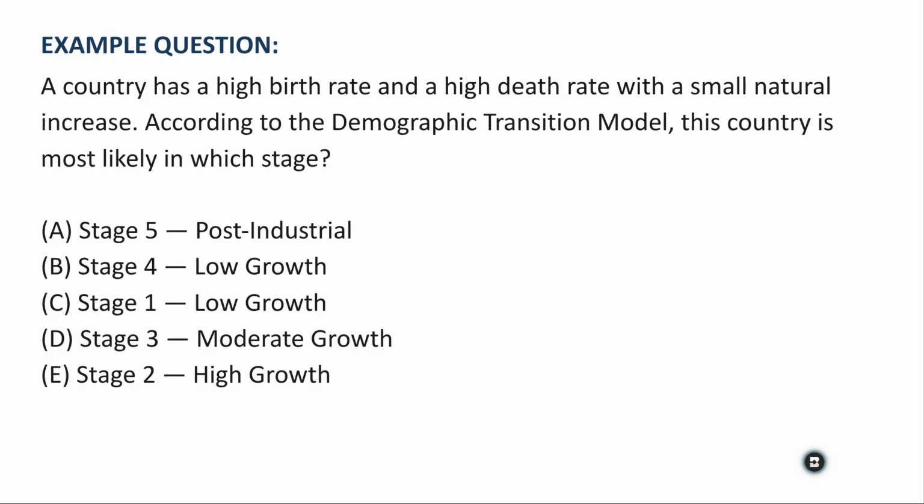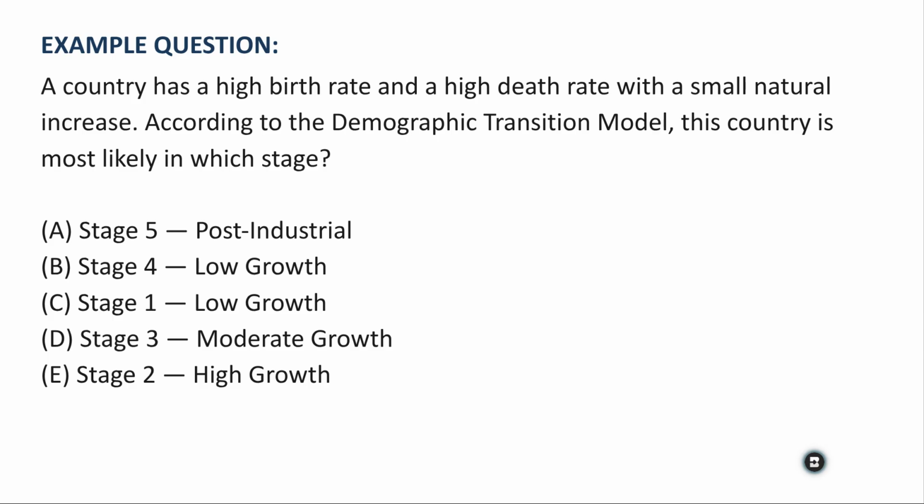What we need to be aware of is that in stage 5, birth rates are most often very low, sometimes even lower than death rates. That doesn't match the high birth rates and high death rates that we see in the stimulus part of the question. So we can get rid of letter A.